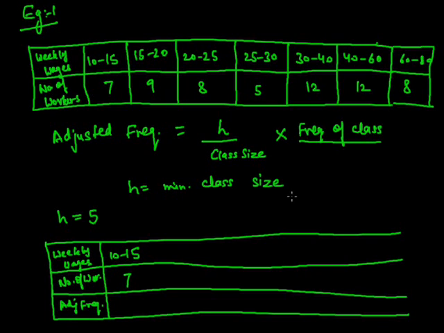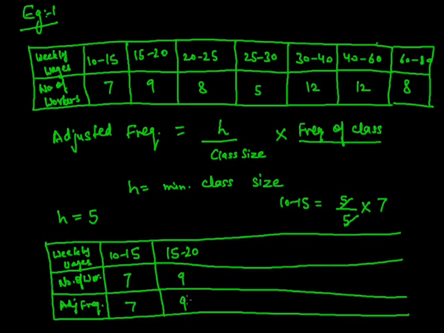The adjusted frequency in this case will be h, that is 5, divided by the class size. The class size here is 5 for 10 to 15. Multiply by the frequency, which is 7. So the adjusted frequency will remain the same, 7. Now for the class interval 15 to 20, the frequency is 9, so the adjusted frequency will again be the same, because the class size is the same as the minimum class size.